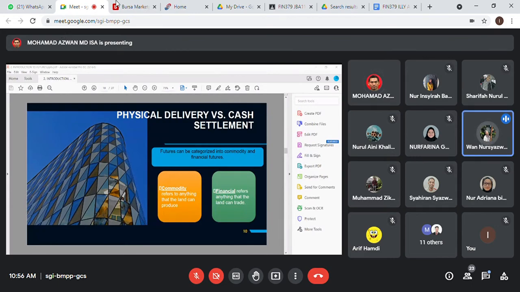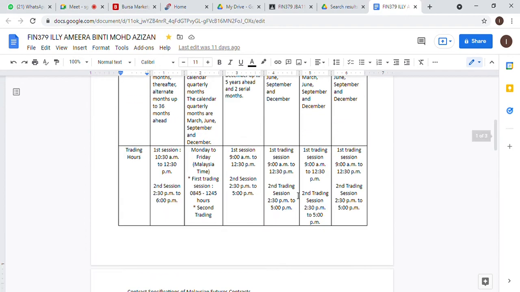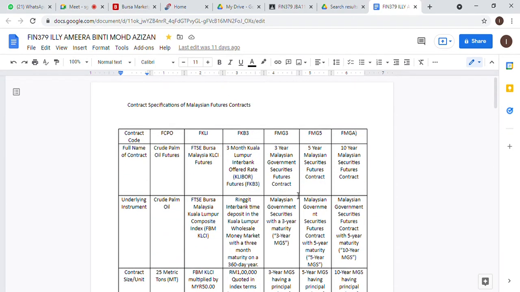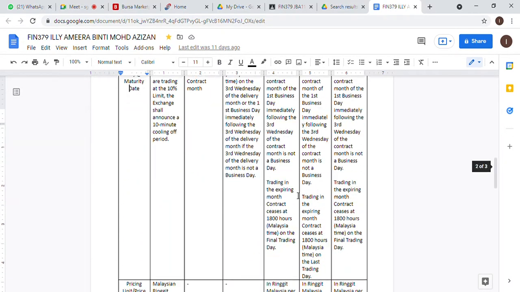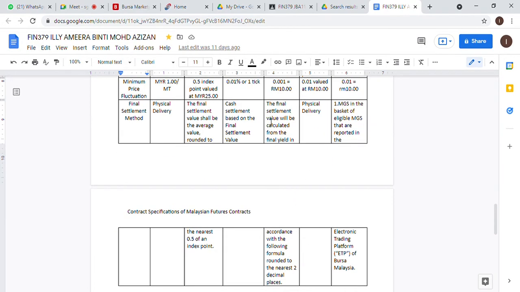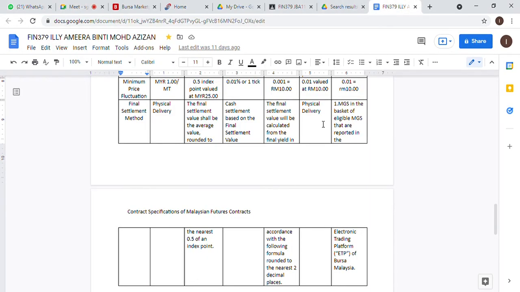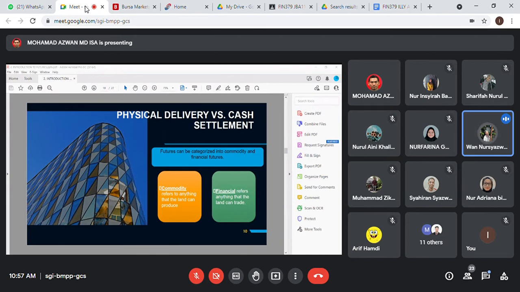Dekat saya punya ni saya tulis cash settlement. You dah refer ke Bursa Malaysia hari tu? Ha. Confirm physical delivery. Sebab dekat web Bursa Malaysia physical delivery. Yeah. Saya punya delivery dekat FCPO je. Tak. You refer dekat Bursa Malaysia tak? Saya refer kat bursa lah.